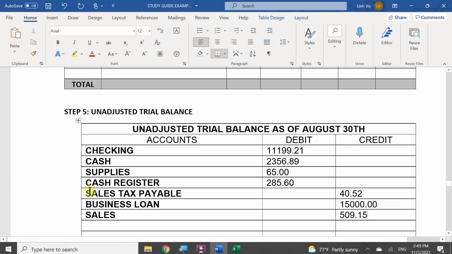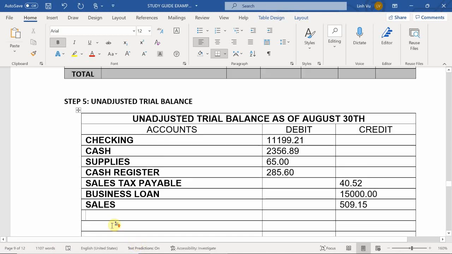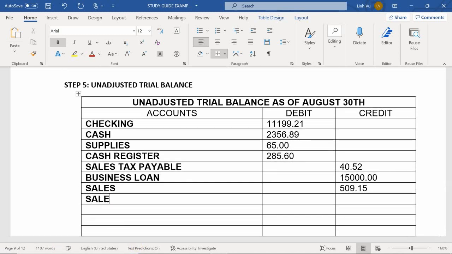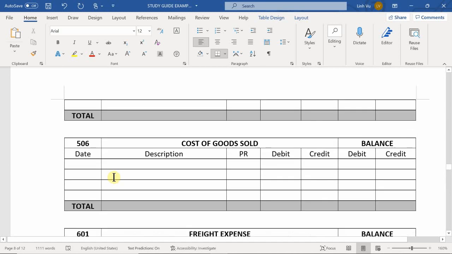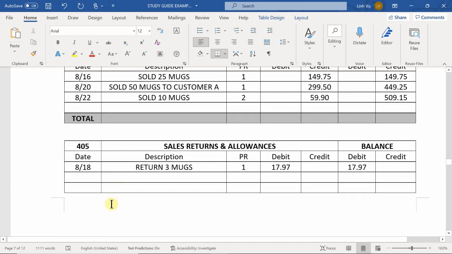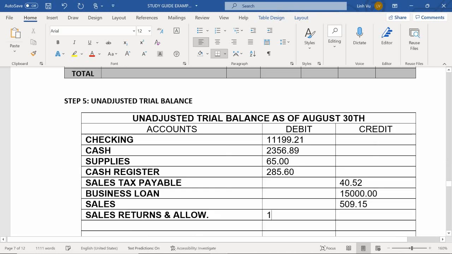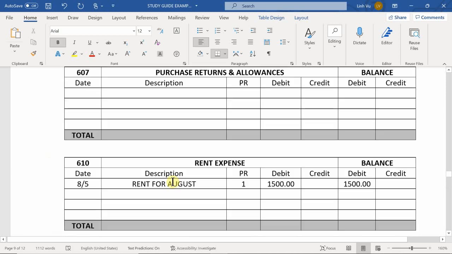Then we have sales returns and allowances on the debit side. For how much? 1797. Okay. So what's after that?